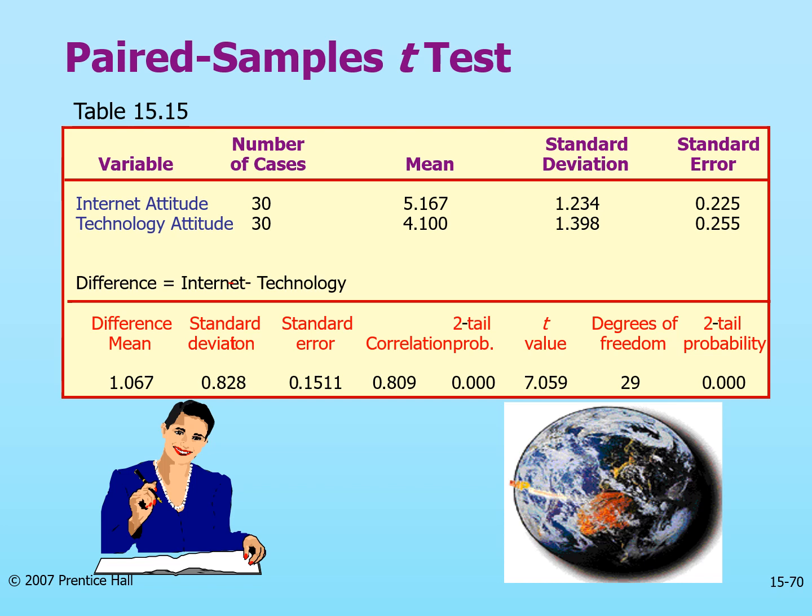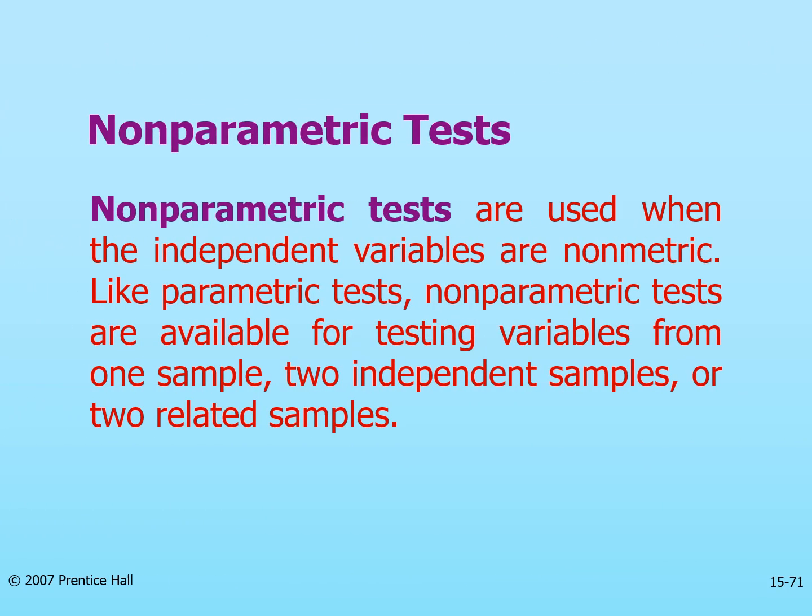The t value is 7.0959, degrees of freedom is 29, and the probability is 0.000, which means the null hypothesis is rejected, and there is a difference in the attitude, but it comes with a correlation of 0.809. So this may be used for deciding the proper number of times.